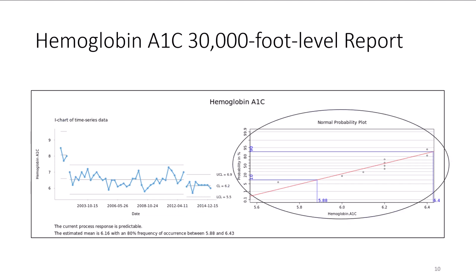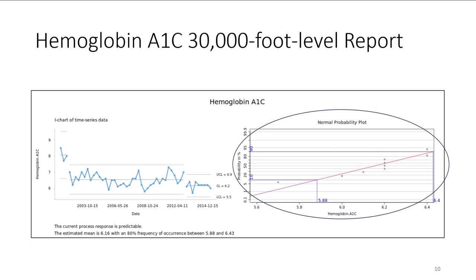The data for creating this probability plot in the 30,000-foot level report is the raw data from the most recent region of stability, that is the new process. Since there is no true specification for this A1C metric, like a manufactured part's dimension, the x-axis values for percentage values of 10 and 90 are shown.